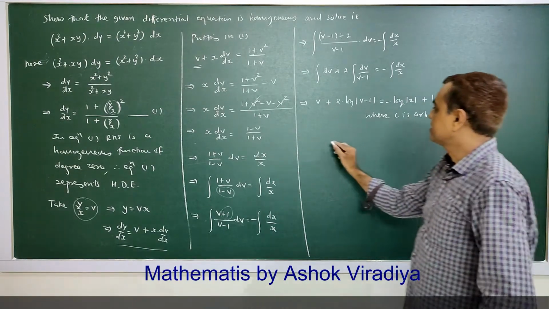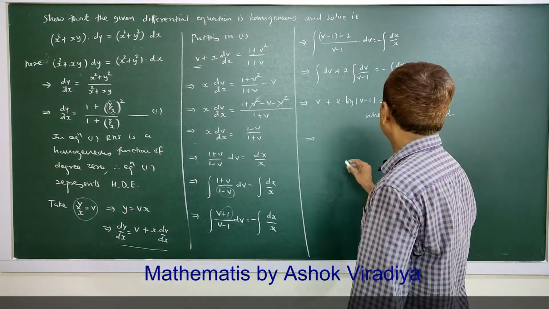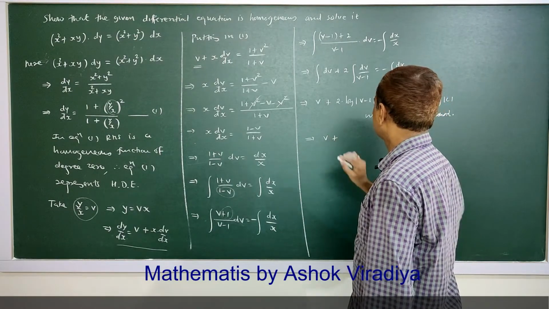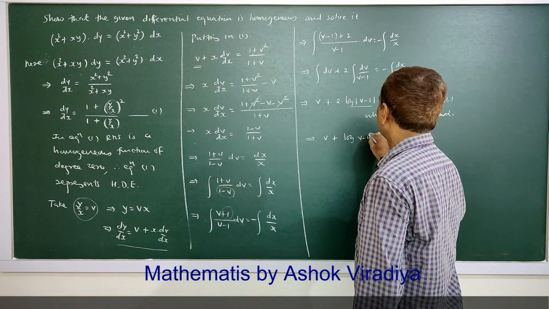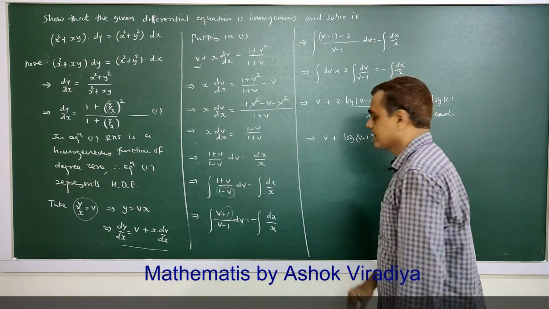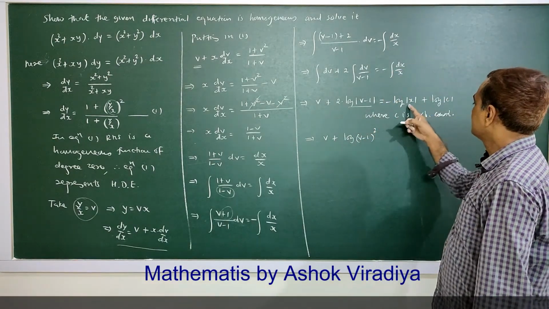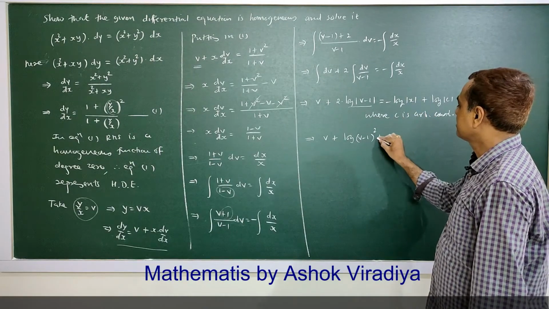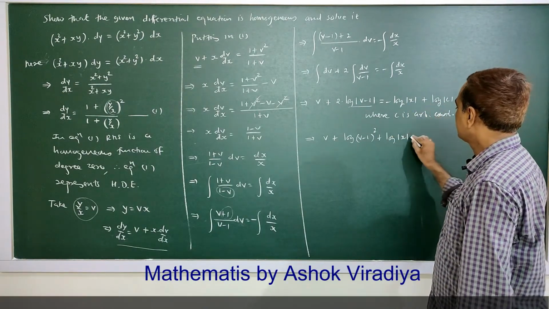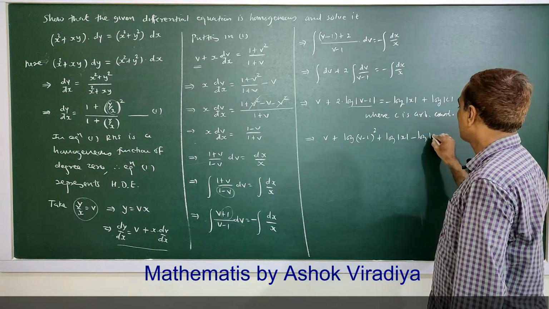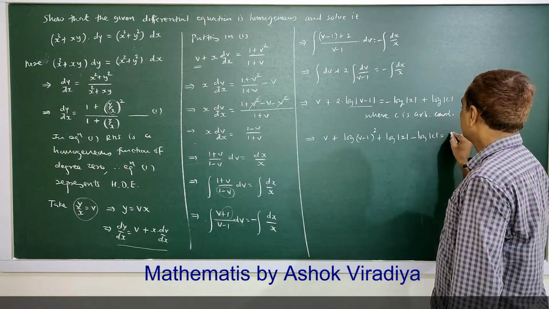Now simplifying this, v plus, this can be written as log of (v minus 1) whole square. This term I am taking on this side, plus log mod x. This is on this side, minus log mod c equal to 0.